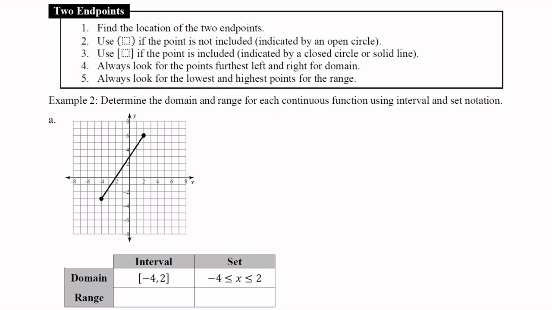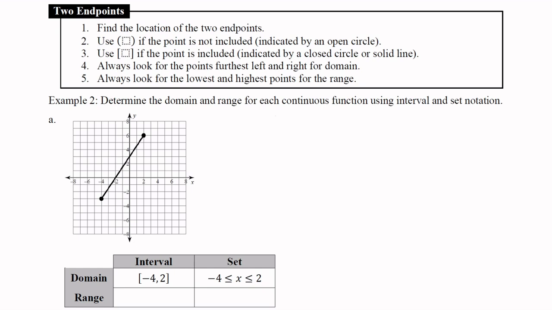Now, we used x values for the domain. Now we're going to go to our y values for the range. So we look at our lowest y value, the one that is furthest down. So if we look down the y-axis, the lowest y value that we have is -3. Then we follow the graph up, and the highest it goes is 6.